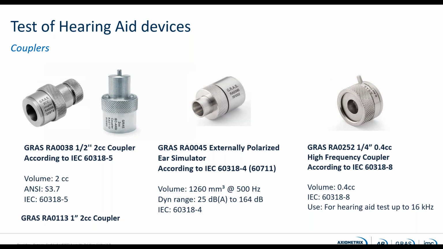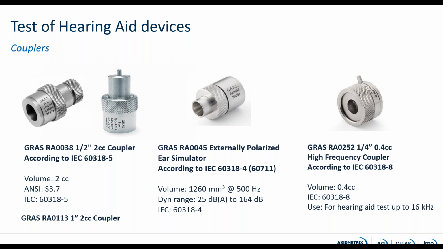This coupler is available in two versions: a version where you are using a 1/2 inch measurement microphone, or a version where you are using a 1 inch measurement microphone. Both of these types of couplers are very commonly used on many hearing aid production lines all over the world.